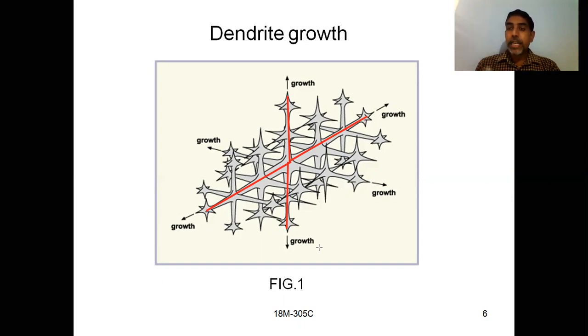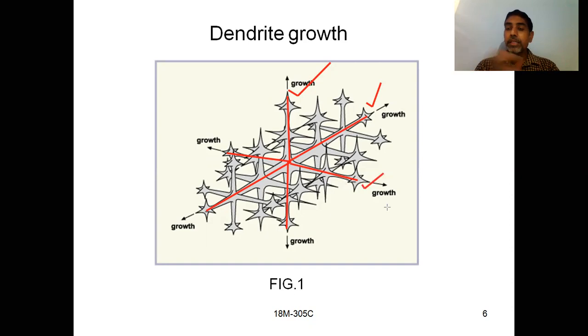That is secondary. And if you observe here, it is also growing in this direction, and in this direction also it is growing. So this is your primary axis, and this is your secondary axis, and this will be your tertiary axis.